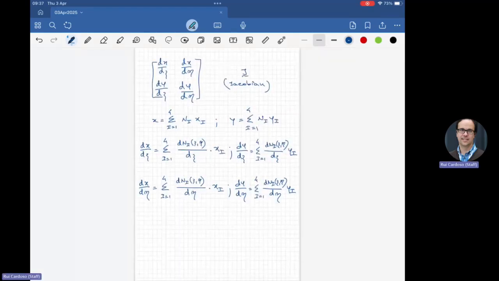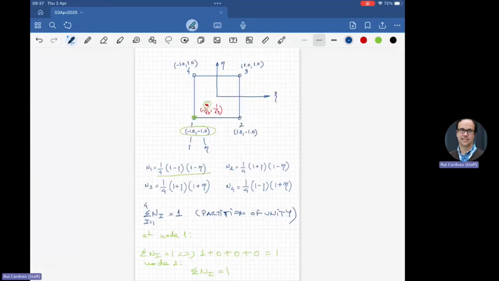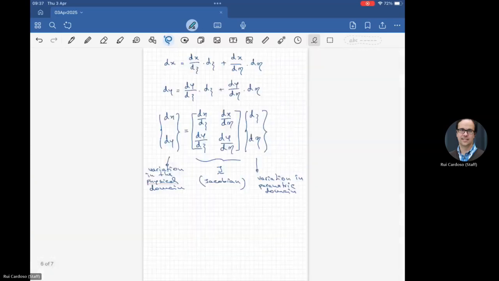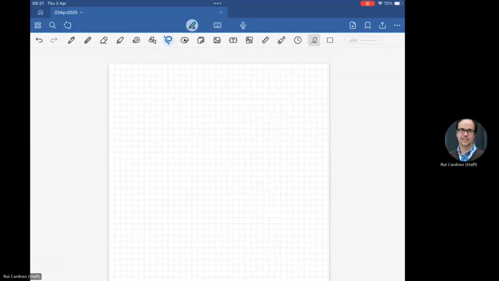So one thing we can do with these derivatives of the shape functions: let's bring these shape functions to a new slide. Let's put them here.